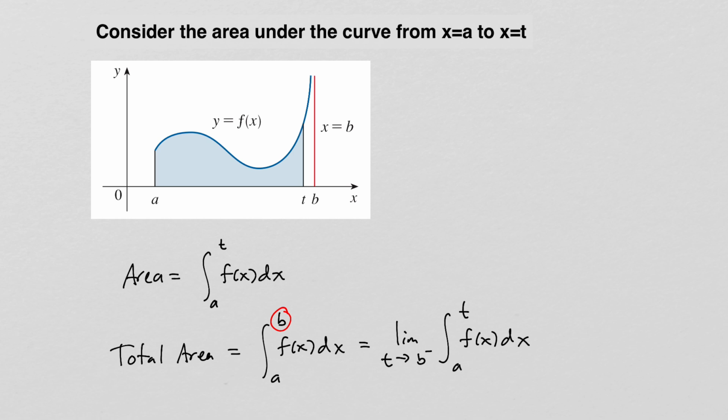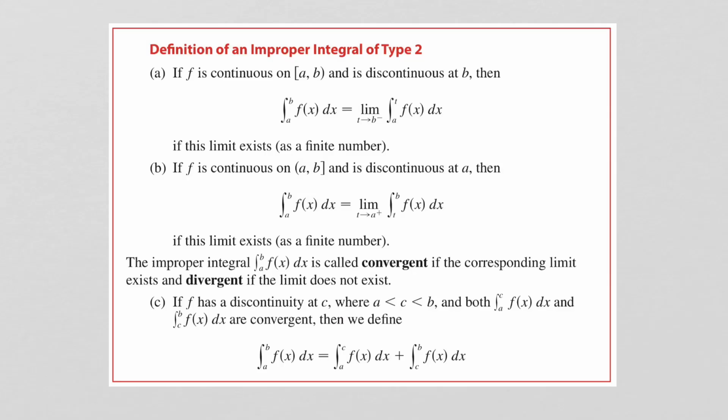And then this integral will exist if the limit exists, and we'll say the integral is convergent in that case. And if the limit does not exist, then we say that this is divergent. So let's go ahead and give the formal definition, and then we'll do some examples.